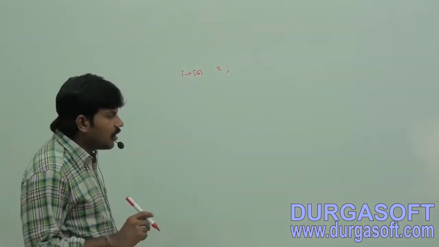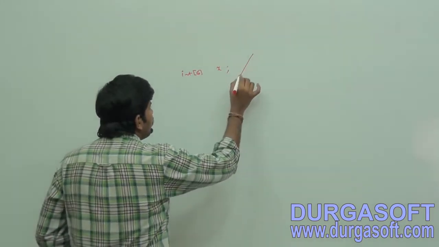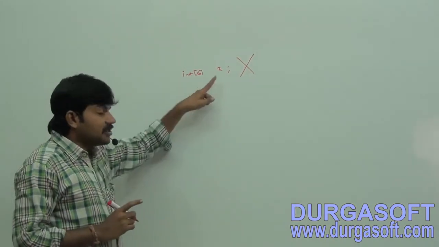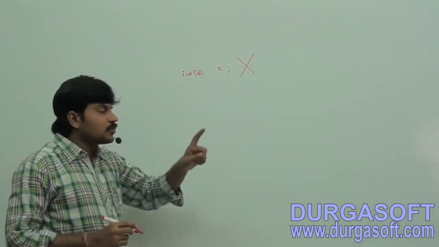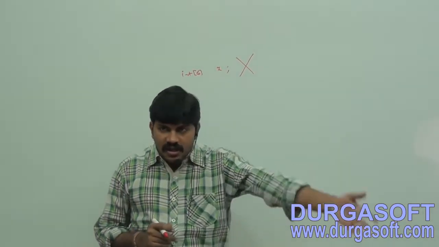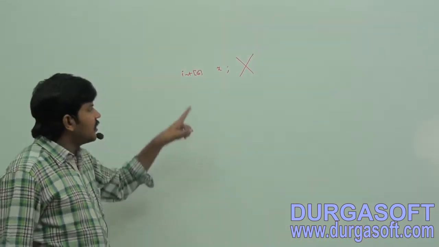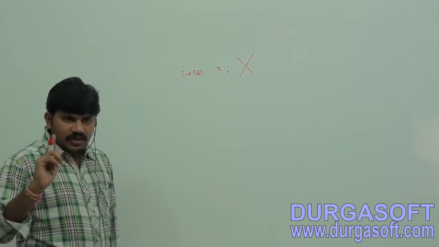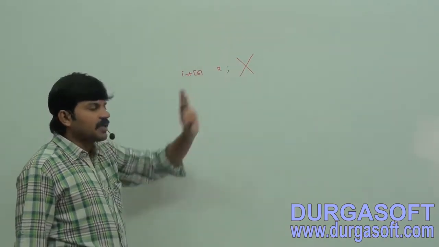Make sure the compiler is not ready to accept it, because at the time of declaration we can't specify the size. Actually, size is required at the time of creation. By mistake, if you try to specify the size, immediately we are going to get a compile time error.